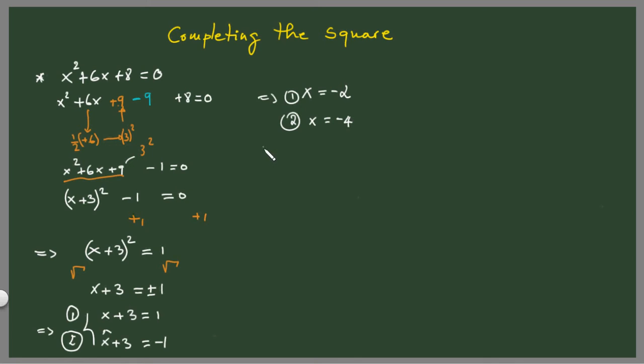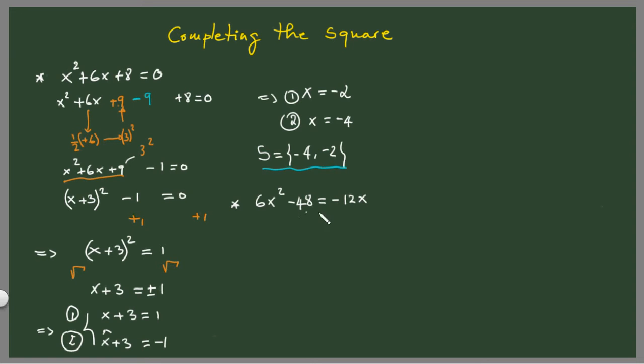So we can say that the solutions of our equation are minus 4 and minus 2. And this is it for this equation. And the other one will be 6x to the 2 minus 48 equals minus 12x.